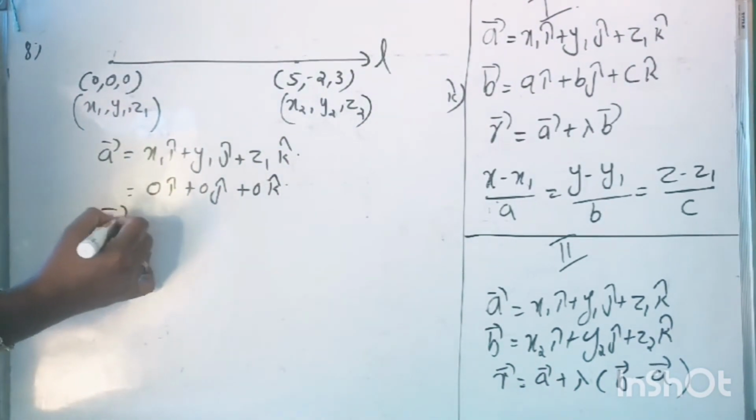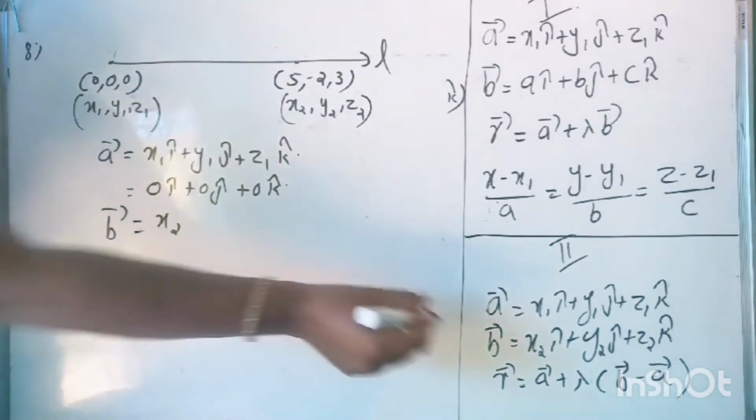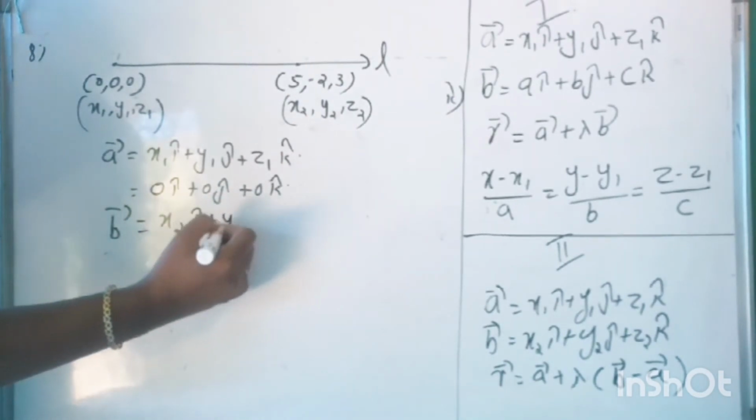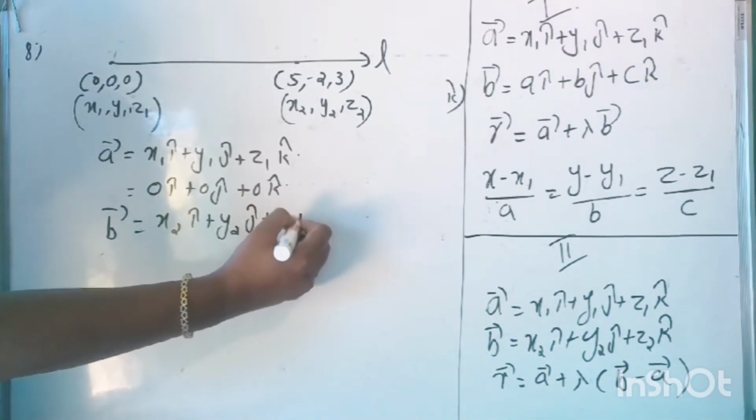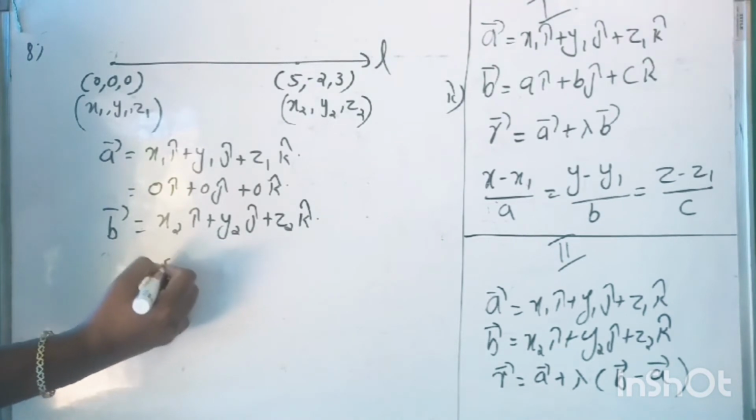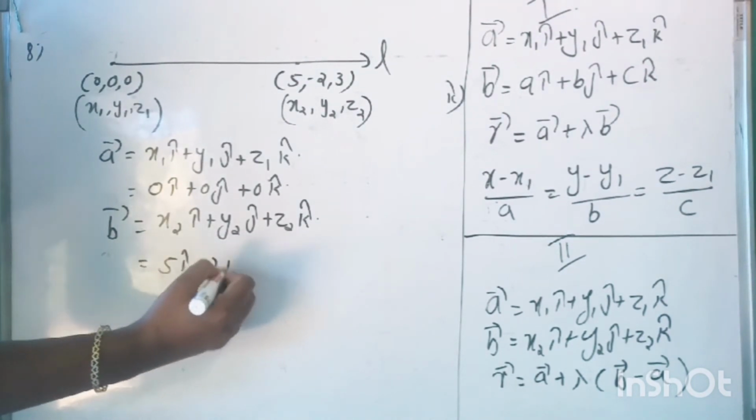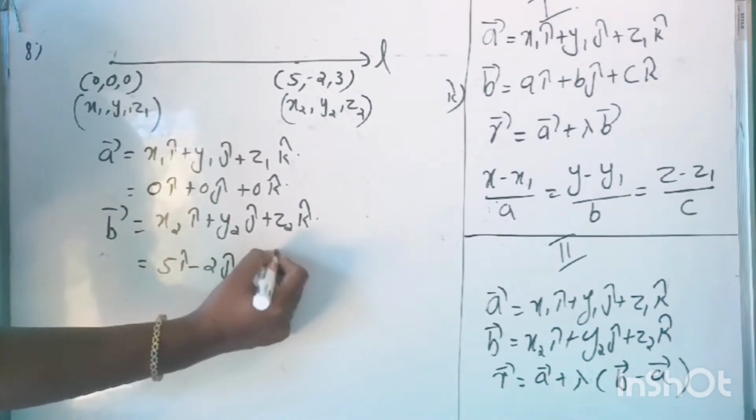And B vector is equal to x2i plus y2j plus z2k. That is equal to 5i cap minus 2j cap plus 3k cap.